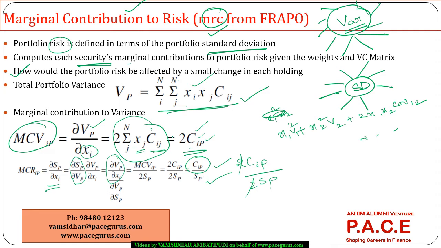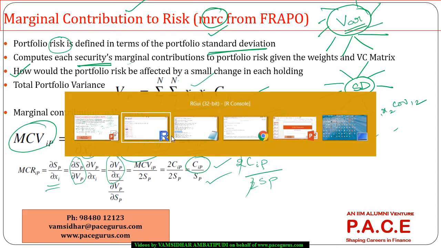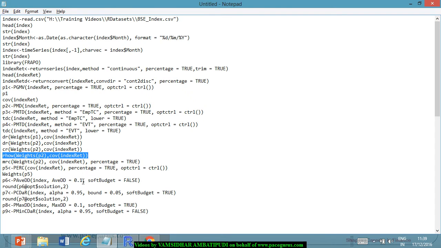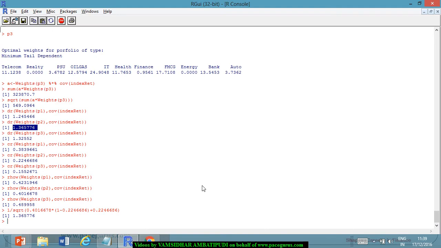Now if I have to look at each of the portfolios, what is the marginal contribution to the variance, I can understand which security or which investment is contributing very heavily to the overall variance of the portfolio and which sector is not contributing anything at all.